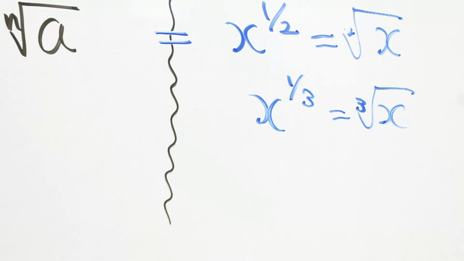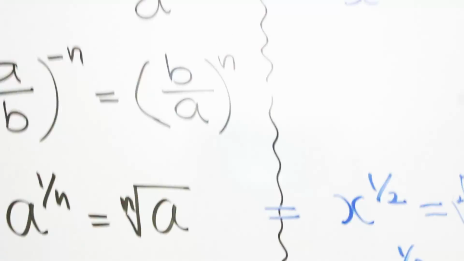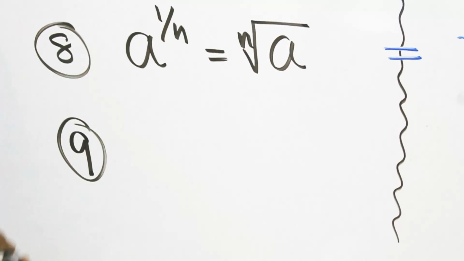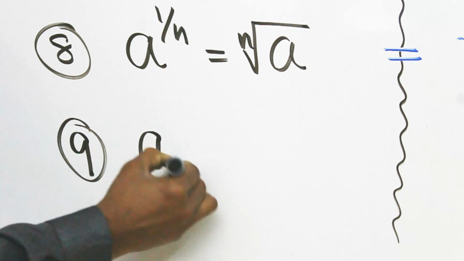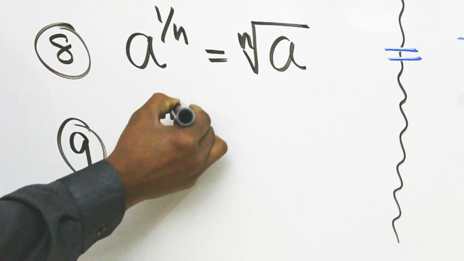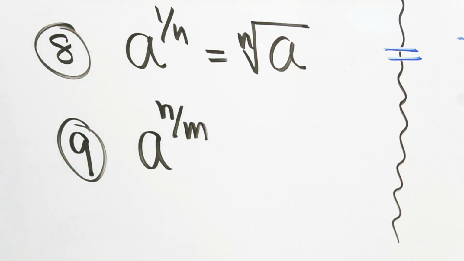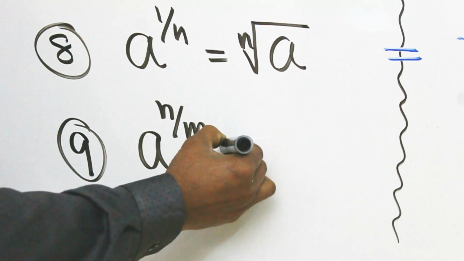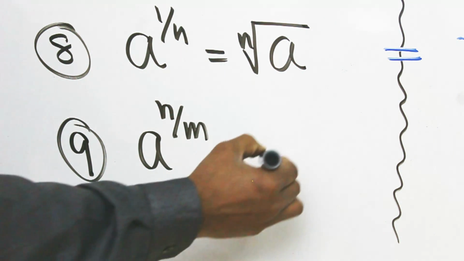One of the last rules, rule number 9: a power n by m, a fraction on the exponent, comes in radical form.